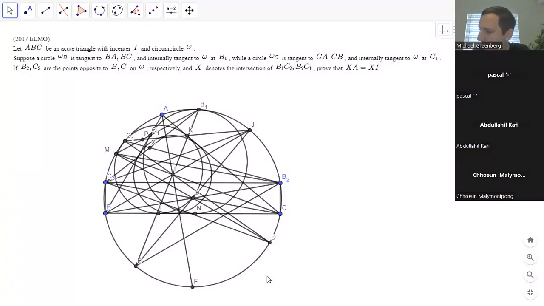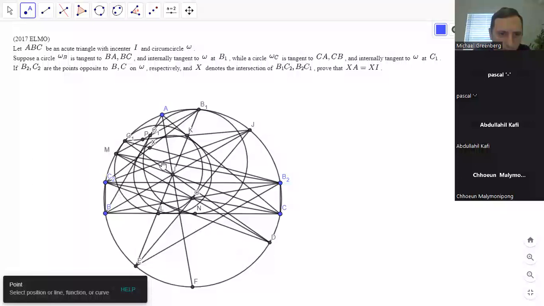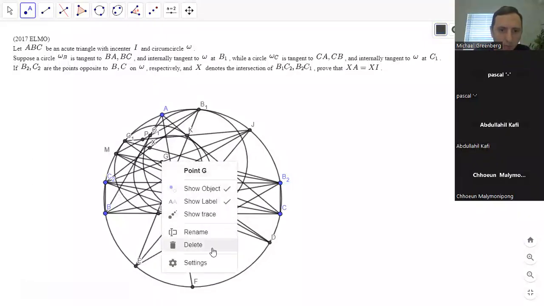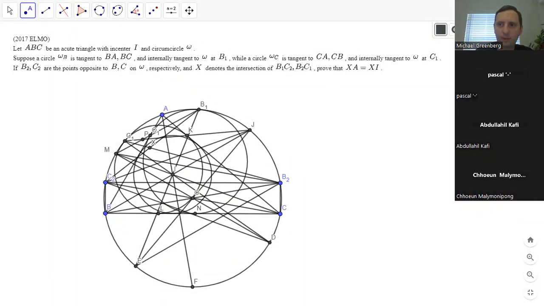Where's point Q? Did I have a point Q somewhere? Oh, okay. So I did need that point Q. I need this to do my proof.